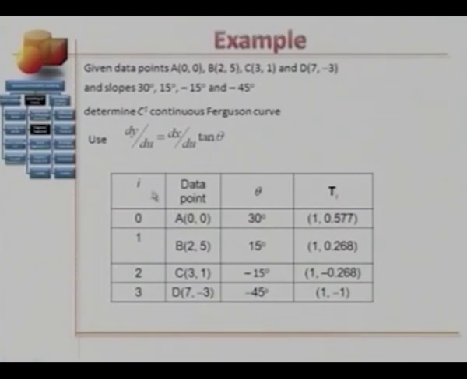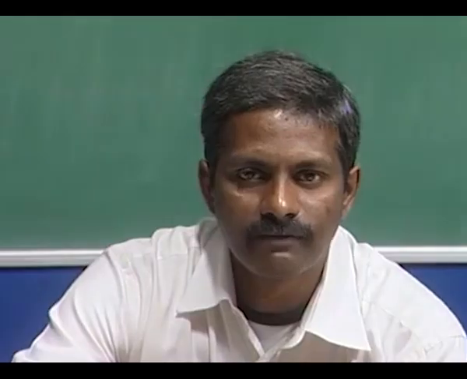This table summarizes the entire geometric information provided by the designer: the coordinates of the 4 data points and the individual slopes. Notice that dx over du, the x component of slopes at all the 4 data points, is 1. The y components of these slopes are computed. We have seen this before in this lecture.